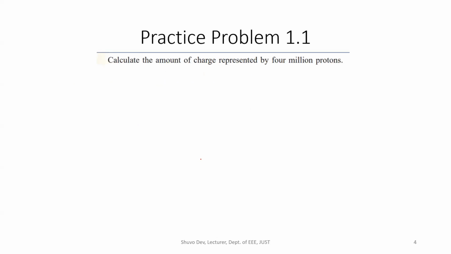This is practice problem 1.1. The question is: calculate the amount of charge represented by 4 million protons. First of all, you have to know about a million. What do you mean by 1 million? 1 million means 10 lakhs.